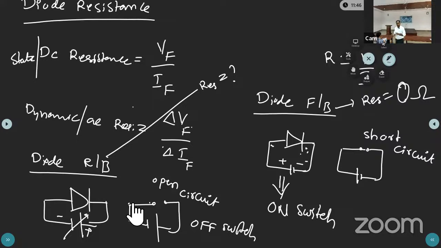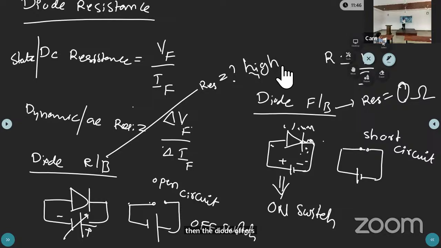But here, if the resistance is high, then no electron will cross. No electron will flow. So that means if the diode is not allowing any electrons, then the diode offers high resistance.